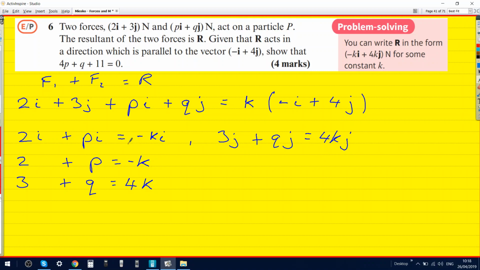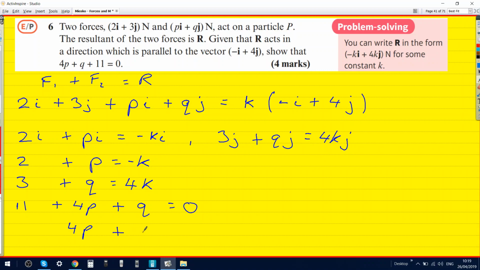So 11 plus 4p plus q. 4p plus q equals 0.